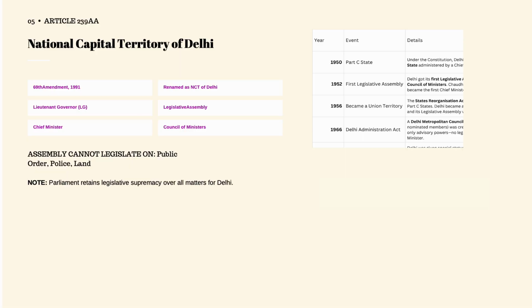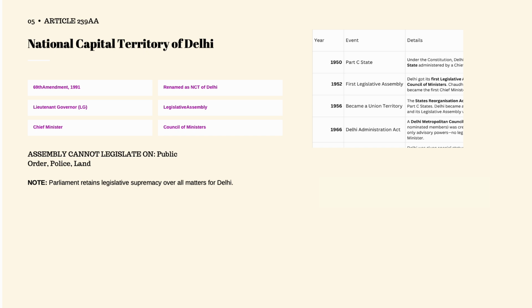And we have the National Capital Territory of Delhi. The 69th Amendment 1991 created the National Capital Territory of Delhi. Back then it was only known as Delhi.